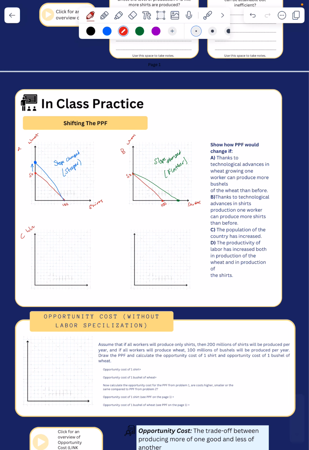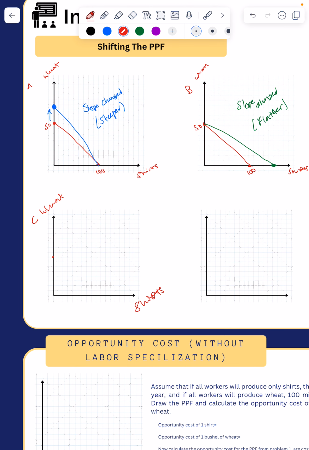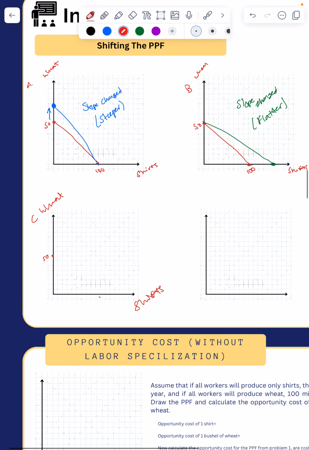So now we move on to C. And C is the population of the country has increased. So if the population of the country has increased, that means our labor force has increased. That means the more workers we have increased.